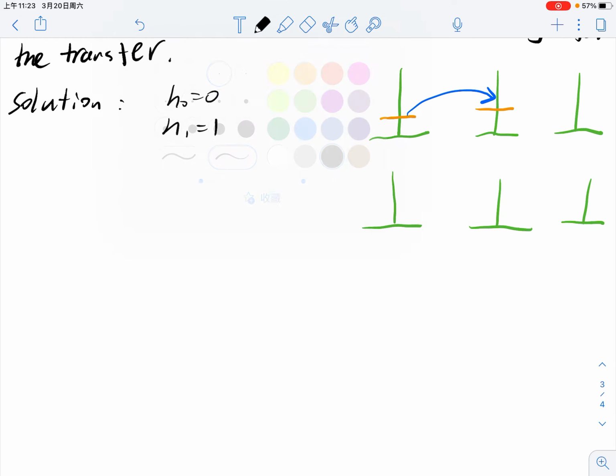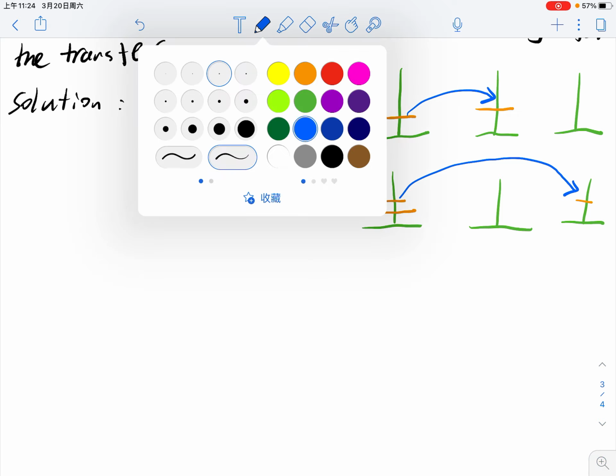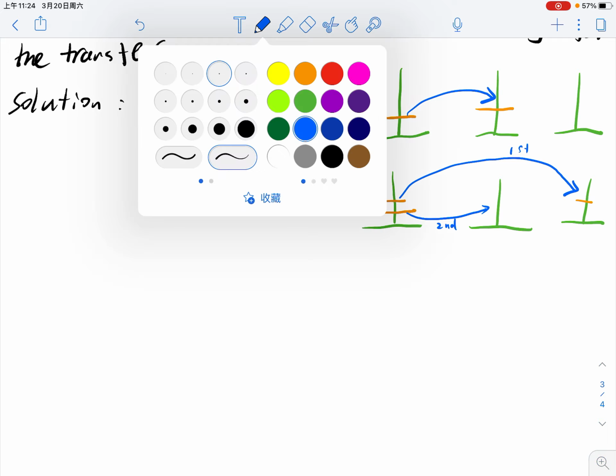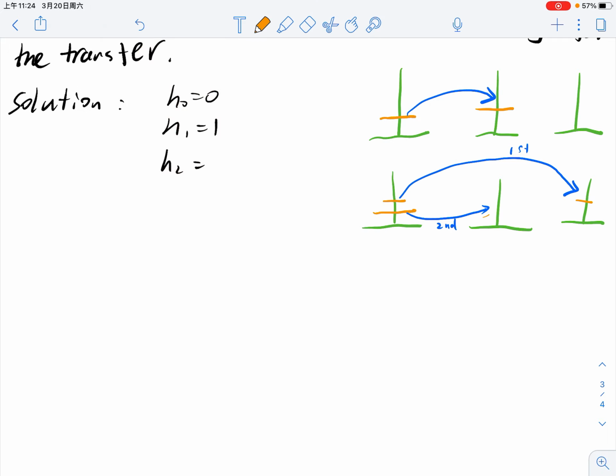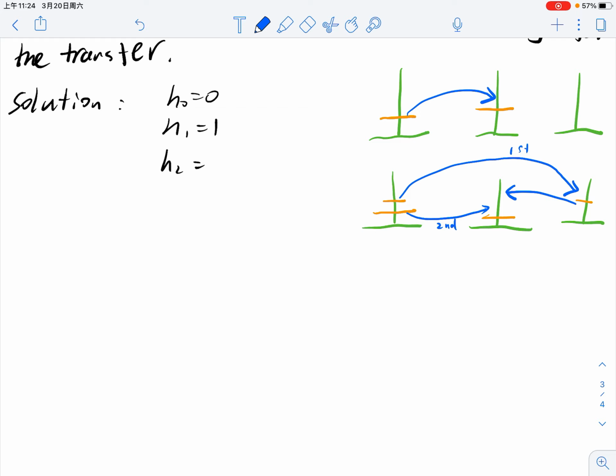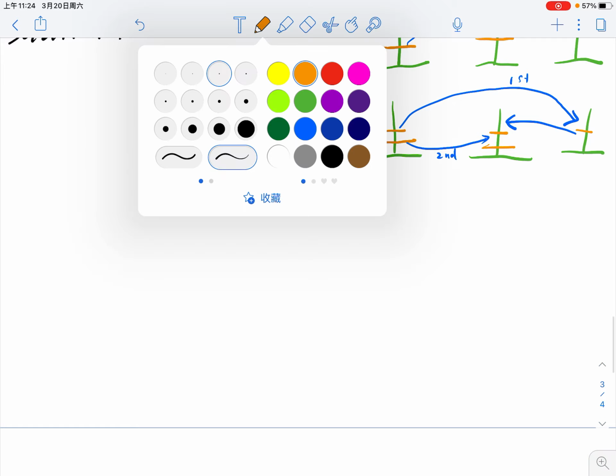And if you have 2 discs, then first you transfer the smaller one to a new place here, this is the first step, and then transfer the larger one to the second peg, and the last step, transfer the smaller one onto the second peg. Therefore H2 is 3.